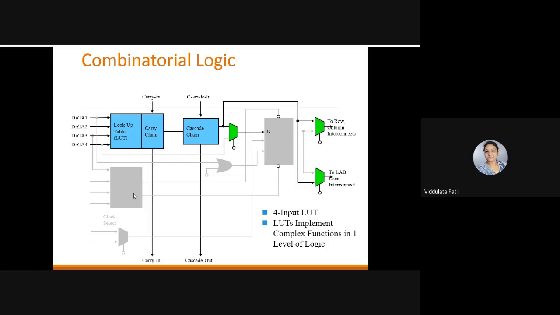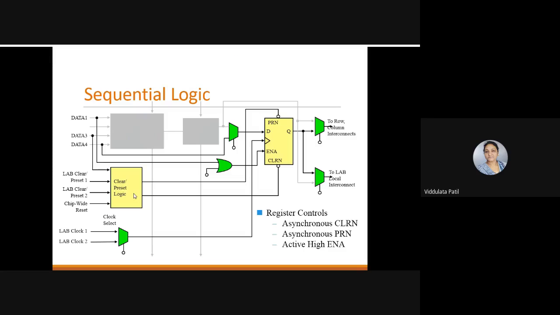Okay, but whenever we are going for the sequential logic design, then these data inputs will be given to this flip flop through the multiplexer as well as the OR gate, and then this logic, which is used for the clear or preset logic, that block will also be used here.